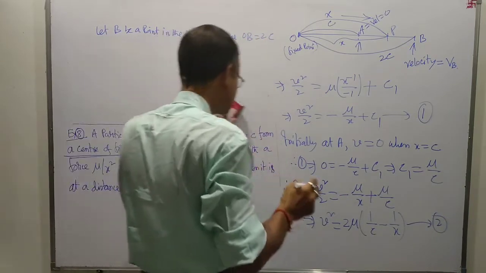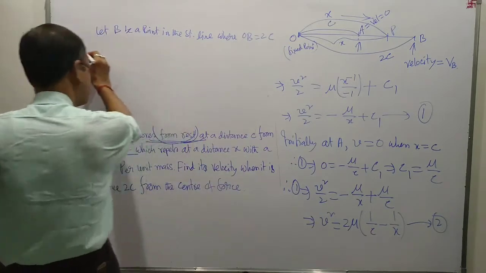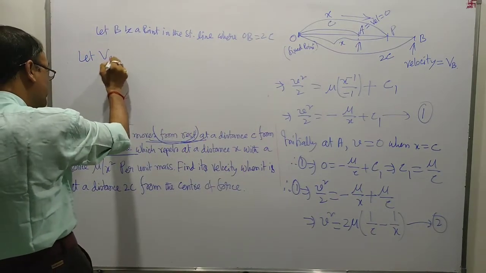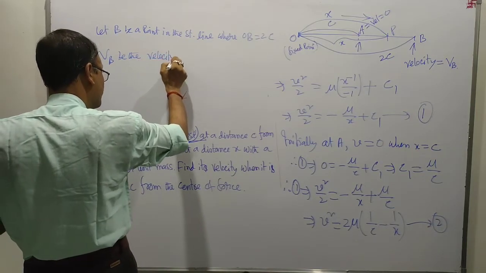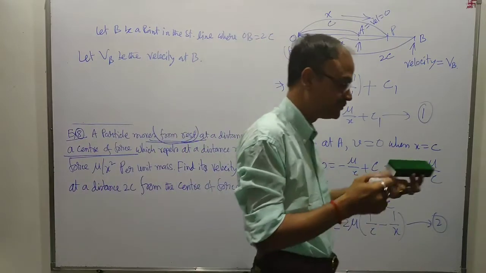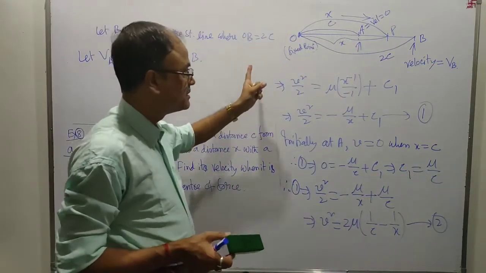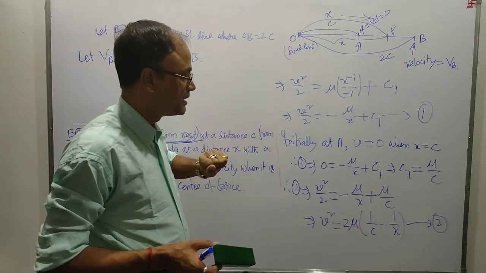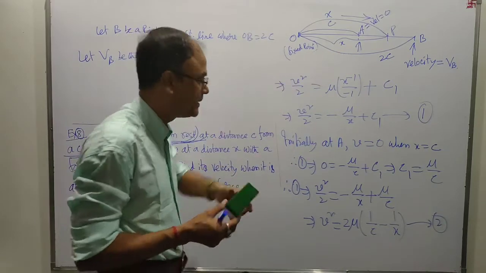Let VB be the velocity at B. We have to find the velocity of the particle at B.